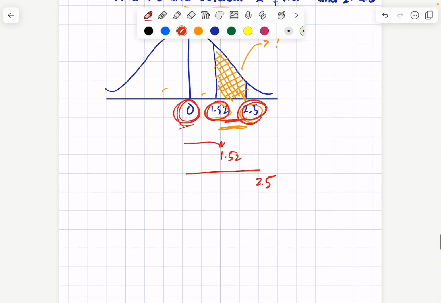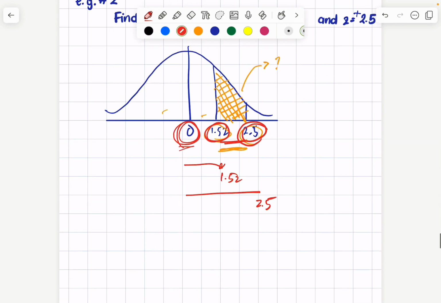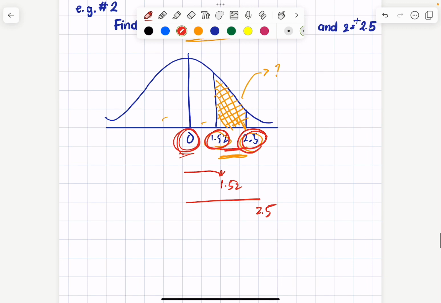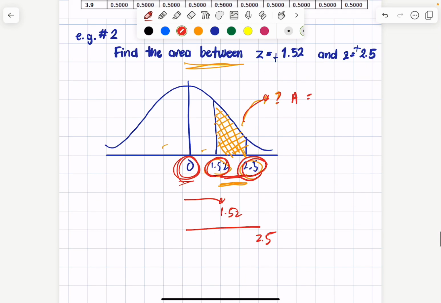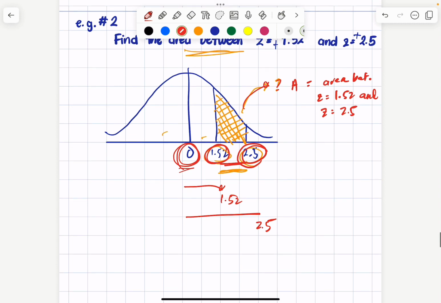So unsaon man dayon na siya? So first, let A kani nga part, let this be A, or the area between Z is equal to 1.52 and Z is equal to 2.5. Then next, unsa may kinahanglan nato ani?